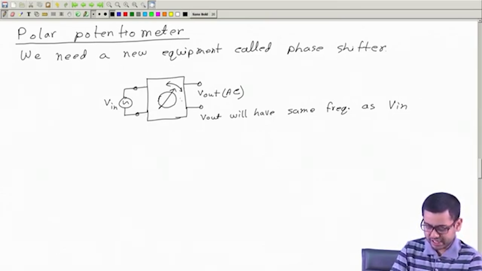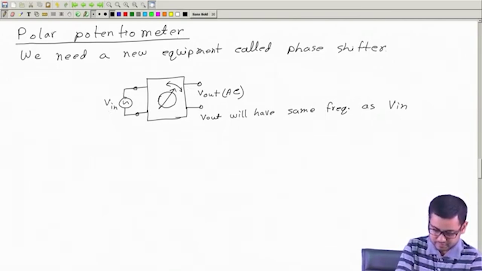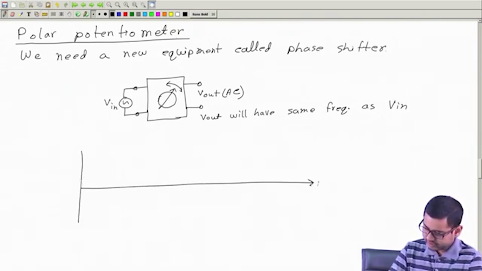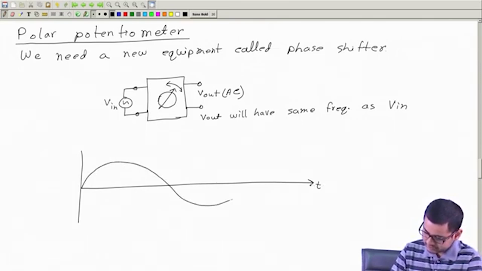What happens if we turn it? The phase angle of V out with respect to V in changes. Say this is time, and this is V in.